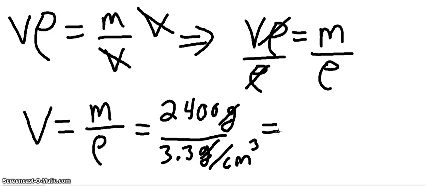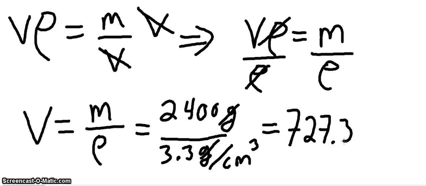So it's really just a matter of taking 2400 divided by 3.3, which I've already done on my calculator. It turns out that this is 727.3. Let's just round it right there.